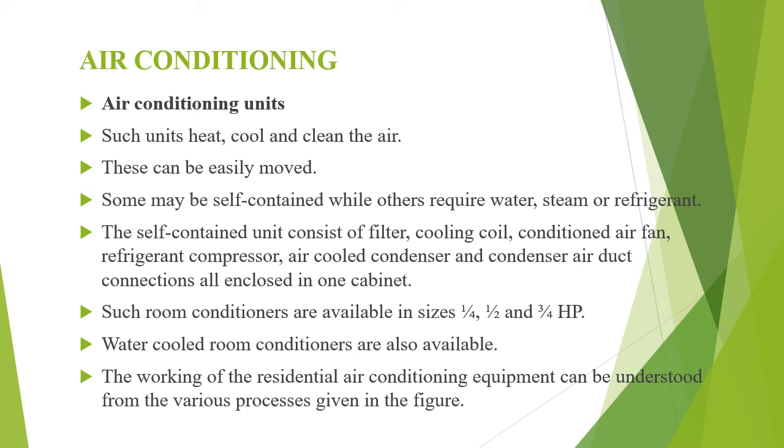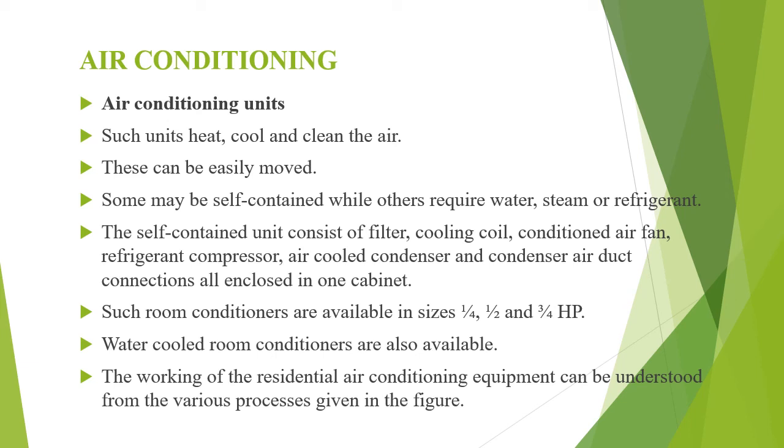Air conditioning units. These units heat, cool and clean the air. They can be easily moved. Some might be self-contained while others require water, steam or refrigerant and other equipment.